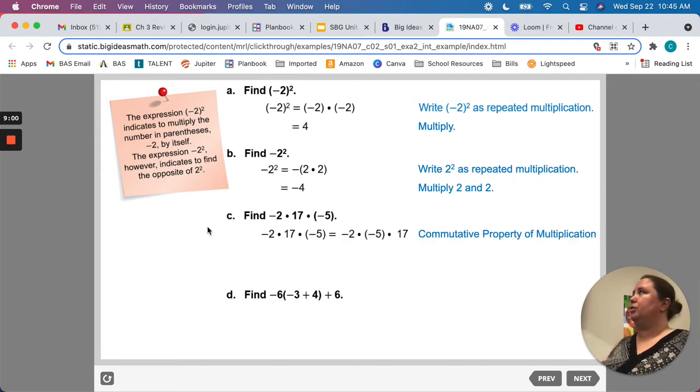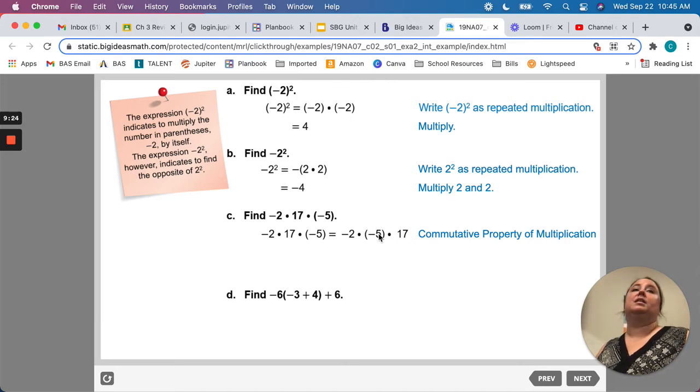Okay, you could also do commutative property. Is that the way you did it, Ricky? So commutative property rearranges the equation, and it will make it to where you can do it in your head. So look up here. Since these are all multiplication, I can actually exchange positions here with the 17 and the -5. Can I do -2 times -5?